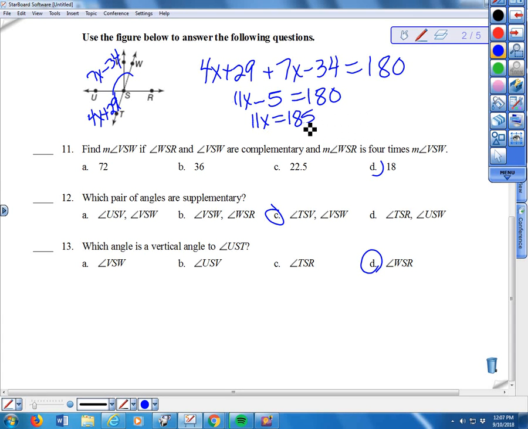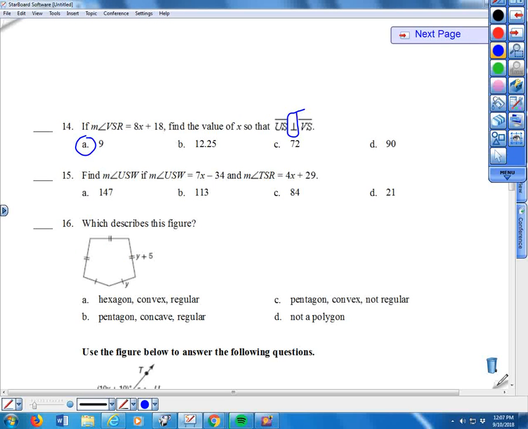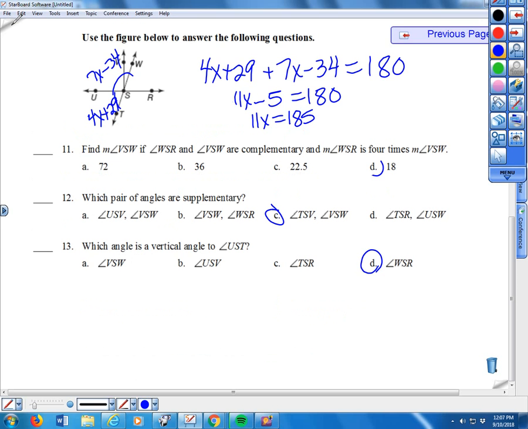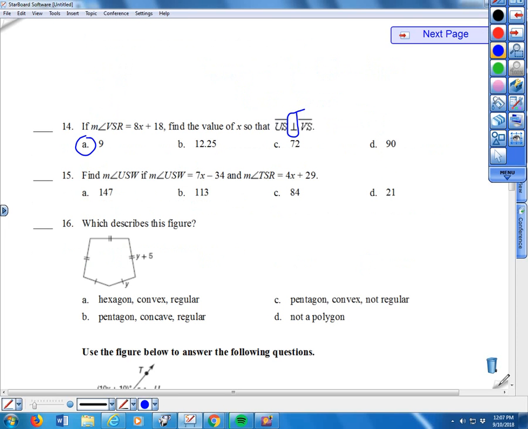Make sure I wrote these down right. 7x minus 34, 4x plus 29. That's right. Seems like it shouldn't be a fraction. Is it? What is 185 divided by 11?